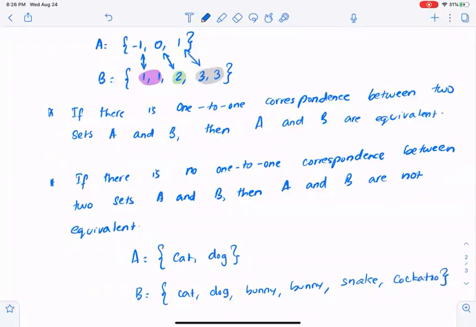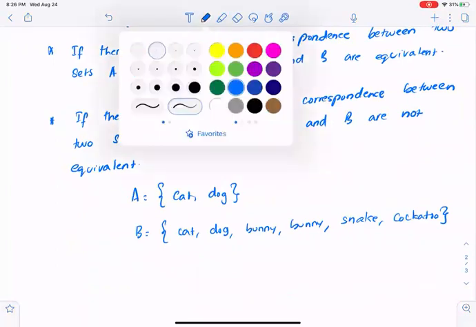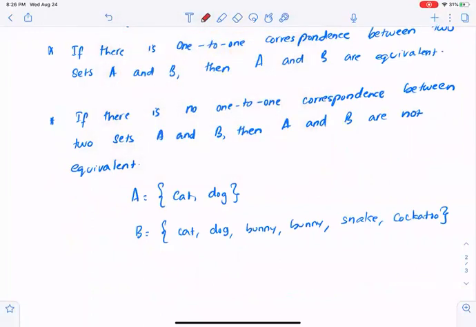So the cardinality of A is 2, cardinality of B, 5. Clearly, the cardinalities are not the same, so A and B are not equivalent.